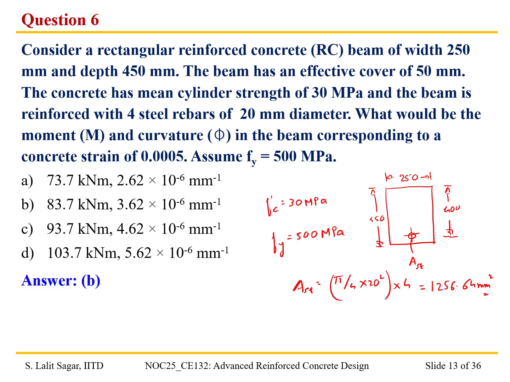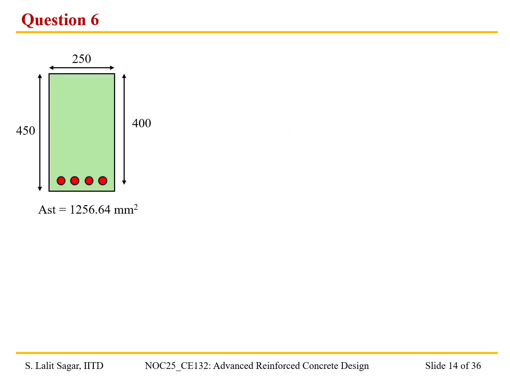So let us consider the cross section now. Okay, so we already have the diagram over here. Now, basically, in order to determine the curvature or the moment, we need to locate the neutral axis first and determine the resultant forces.